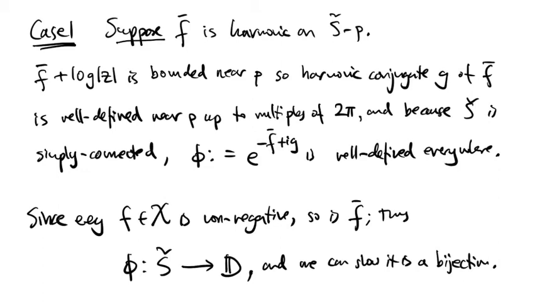Let's call this function phi. Now, since every function f in our Perron class X is non-negative, the same is true of f bar. Thus, phi maps S twiddle into the open unit disk D. In fact, one can show that it's a bijection, so that the uniformization theorem is proved in this case.